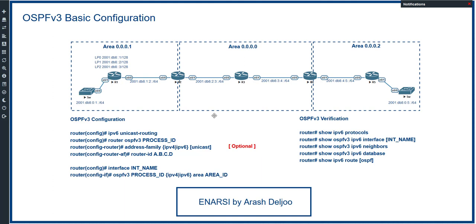After that, please come with me to the next video. We will talk again about OSPF version 3, but related to the differences between OSPF version 2 and OSPF version 3. In the first topic, we will talk about the link states or link state advertisements in OSPF version 3. For example, you will learn about LSA type 8 and LSA type 9.